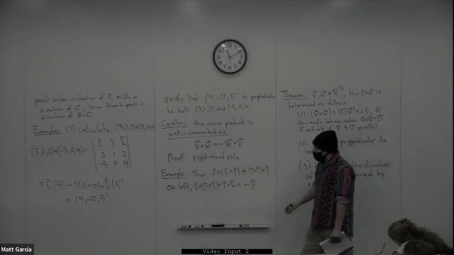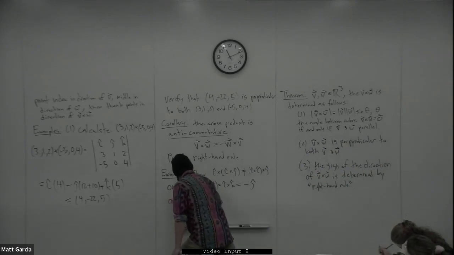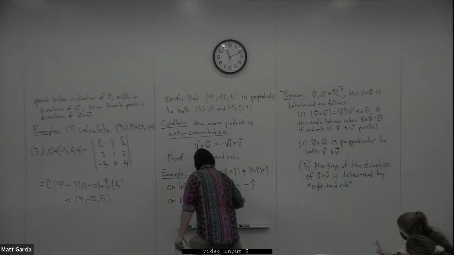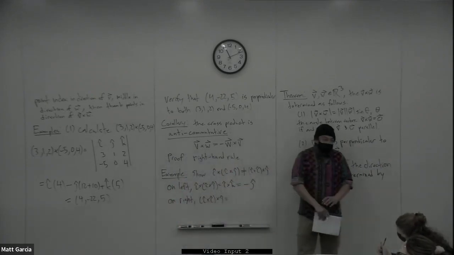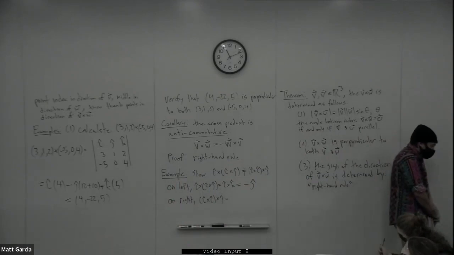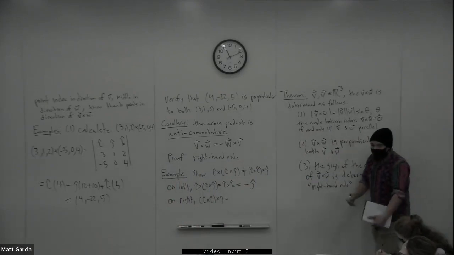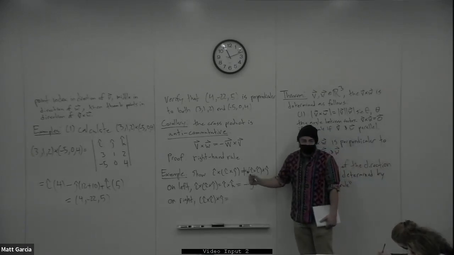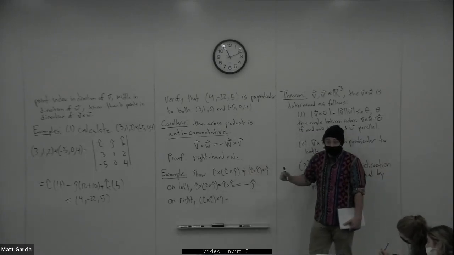Good. Now let's go back to the right-hand side. On the right, i hat cross j hat. What's i hat cross i hat? Yeah, right. Because i hat is parallel to itself. The cross product is 0 if and only if the two entries are parallel.